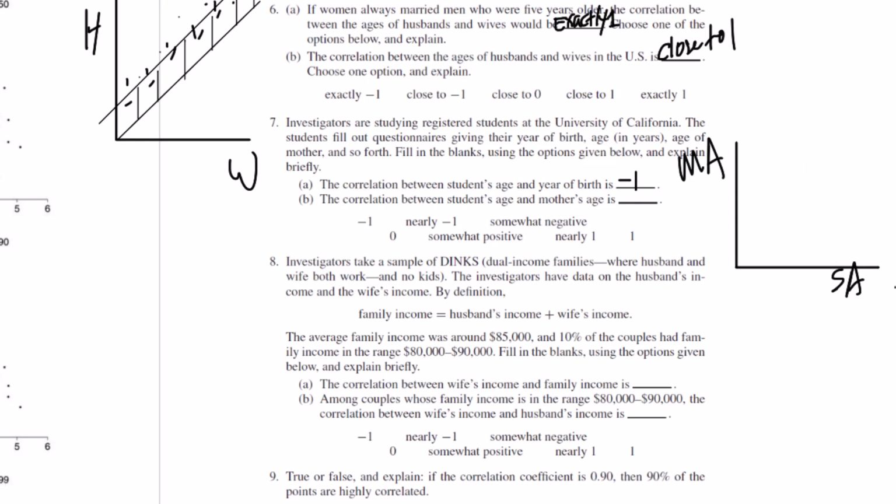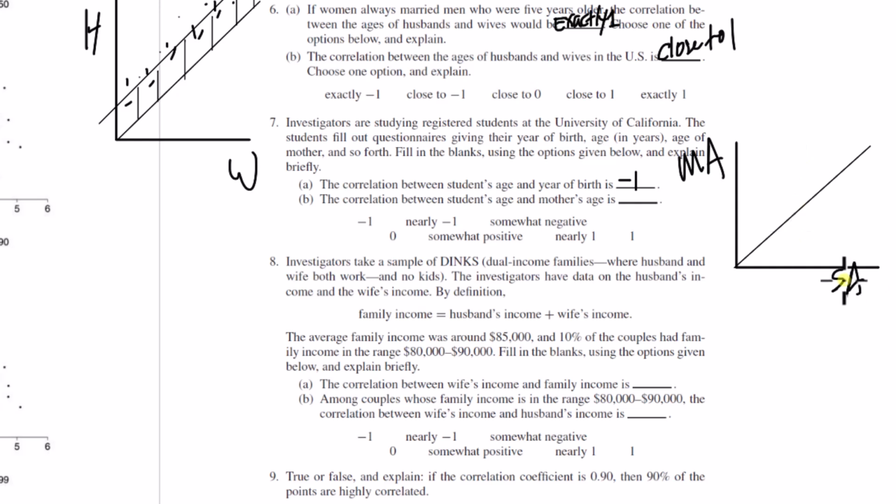Even if it wasn't linear, we still could use the linear correlation coefficient to get information. So the older the student, the older the mother. But it's going to be above the 45-degree line for sure, because they're not the same age, right?